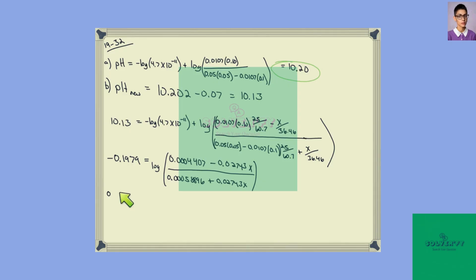So then what we have to do is take the anti-log of both sides, 10 to the negative 0.1979 is 0.6340. That then will be equal to this entire ratio without the log. If we then multiply both sides of the equation by this denominator, then we get this is equal to just the numerator up here.